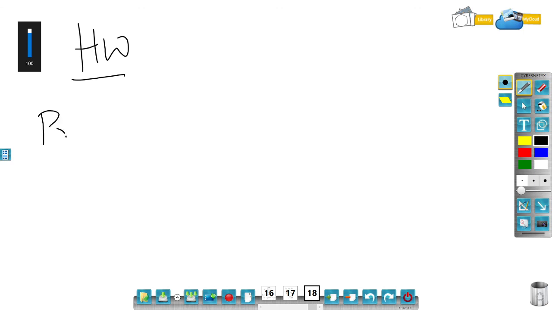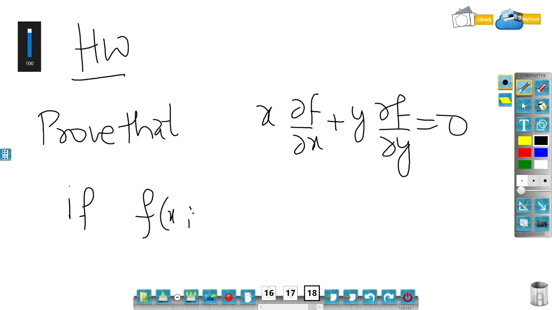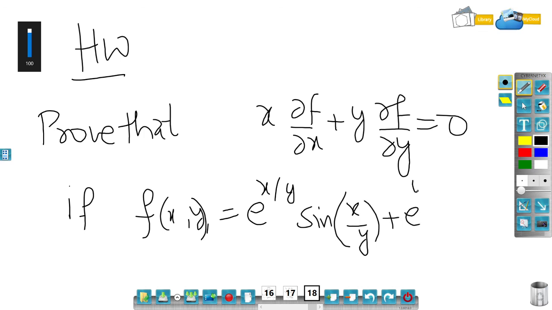So prove that x dou f by dou x plus y dou f by dou y is equal to 0 if f of x comma y is equal to e raised to x by y sine x upon y plus e raised to y upon x cos x upon y.